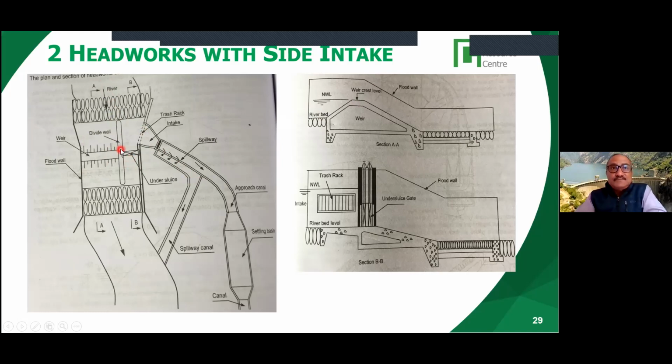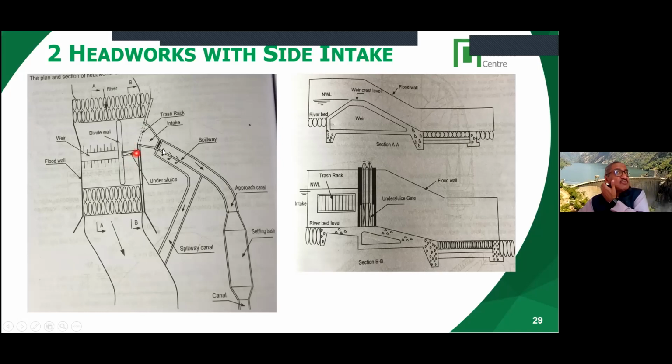The undersluice can also be gated. You have a gate in the undersluice, and this can be used to flush the sediment that is deposited upstream of the intake area, in the area that I am showing here.